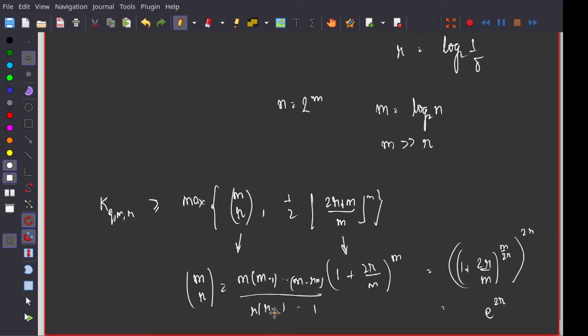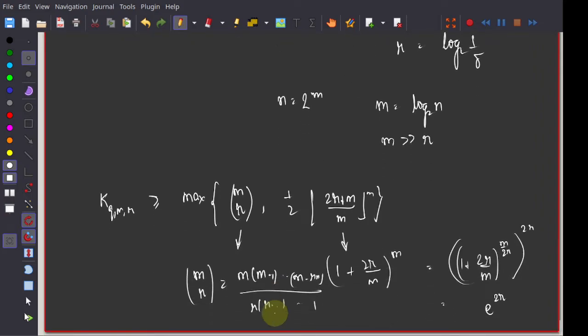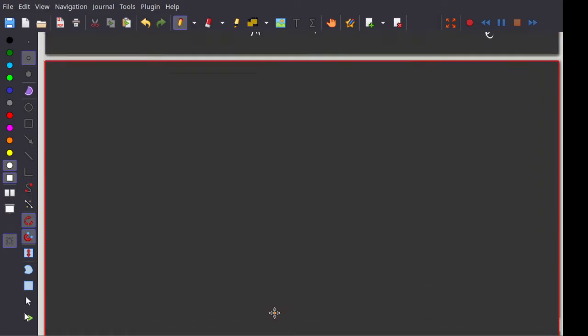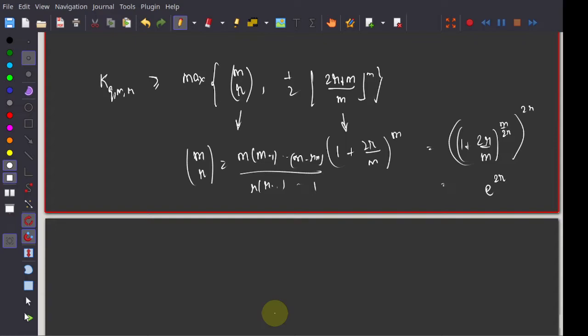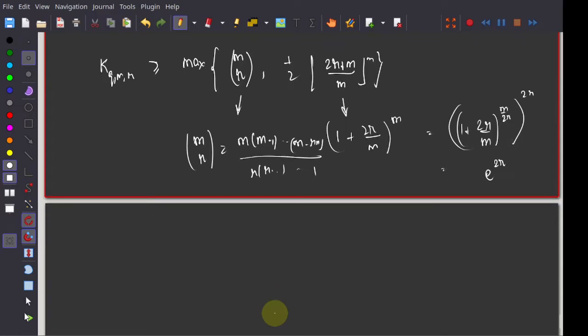So maybe let's look at this a little more carefully. Maybe I should have done it in a slightly different way. But fine. So what we want is, how do we hope that the dimension will scale with n?